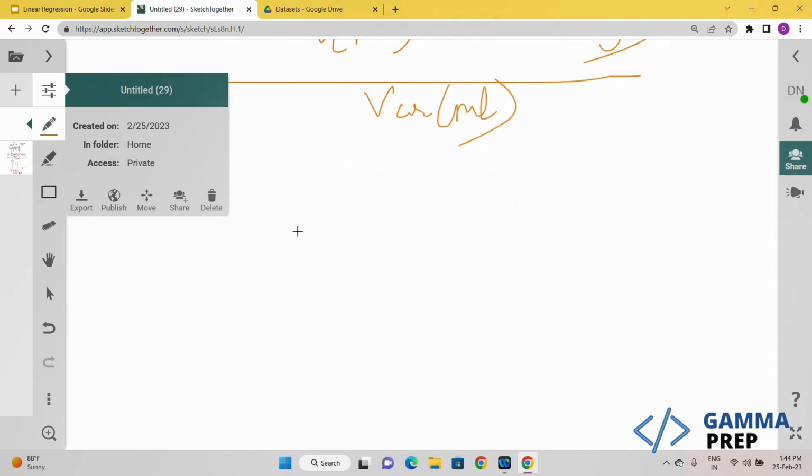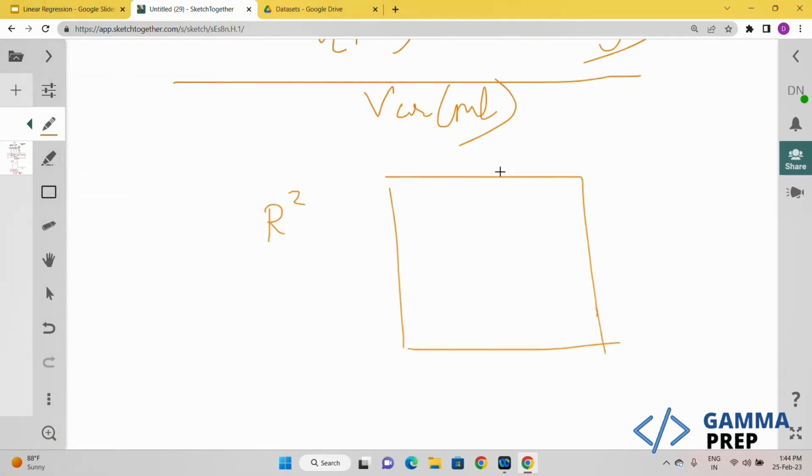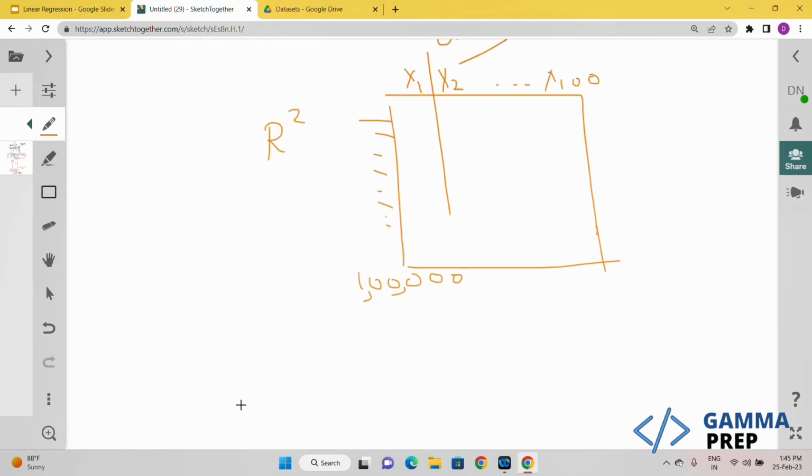Okay, so let's say we have got R square on the data. We have first figured out our R square, right? And the number of independent features that we had were, let's say, 100. Okay, and the total number of records that we had were 1 lakh. So how will your adjusted R square be calculated?